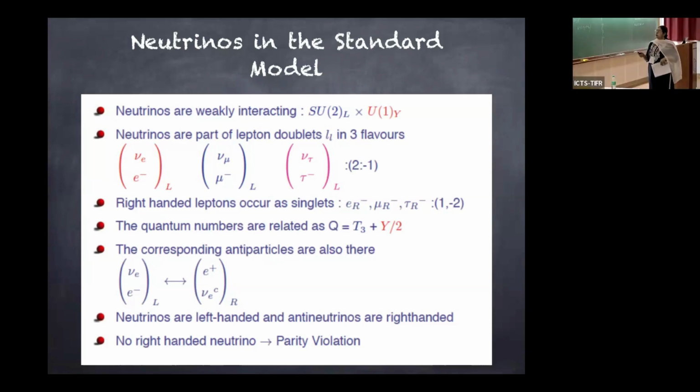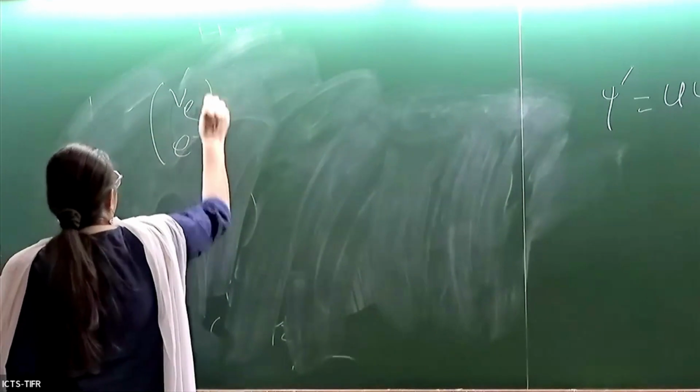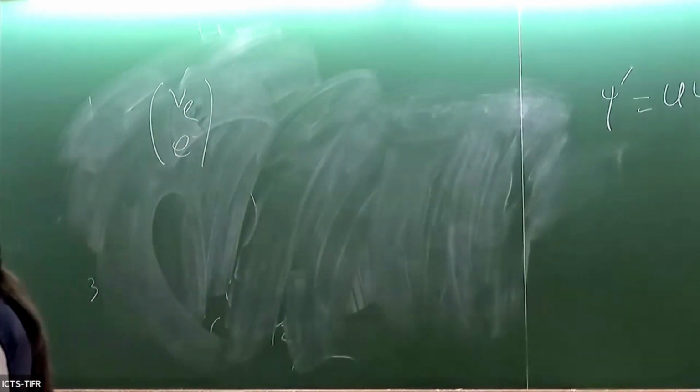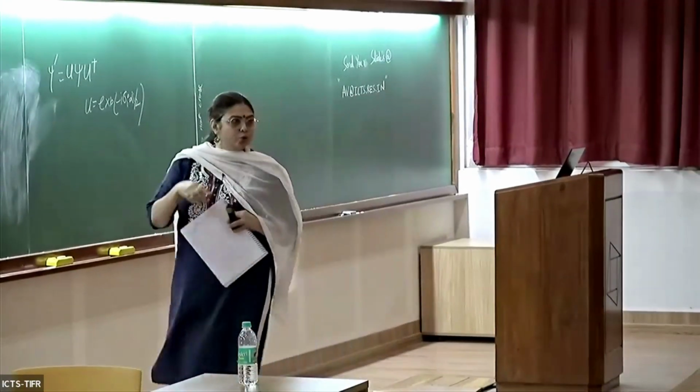So you already know that there are 3 neutrinos, and they come in 3 flavors. These are left-handed, so these are doublets under SU2. Of course, I have not mentioned this U1Y, which is the hypercharge, and it is related as Q is T3 plus Y by 2. So if I write here nu E, the SU2 that we are considering is the isospin, T3, and Y is my U1 quantum number.